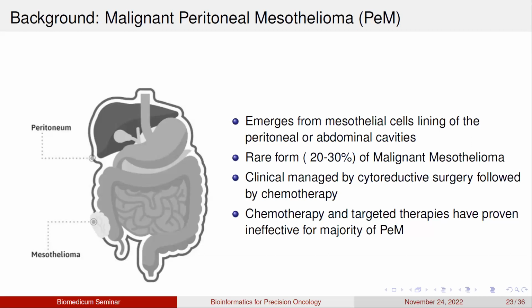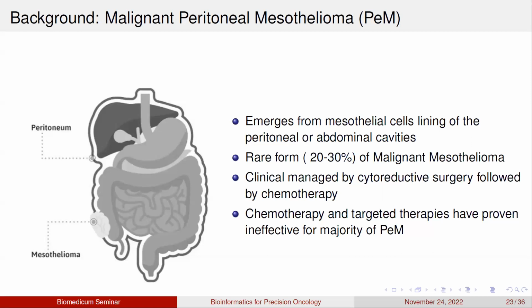Most mesothelioma cancers arise in the lung, which is called pleural mesothelioma. I am describing peritoneal mesothelioma, which accounts for about 20 to 30% of all cases of mesothelioma. Currently, the standard of care is just cytoreductive surgery followed by chemotherapy.